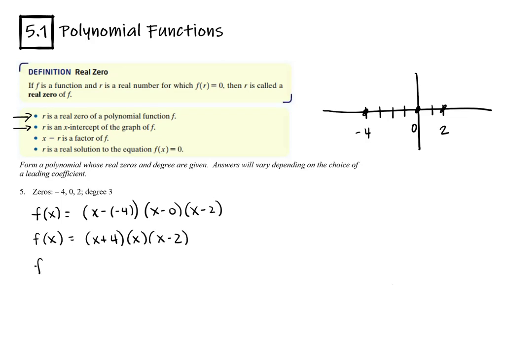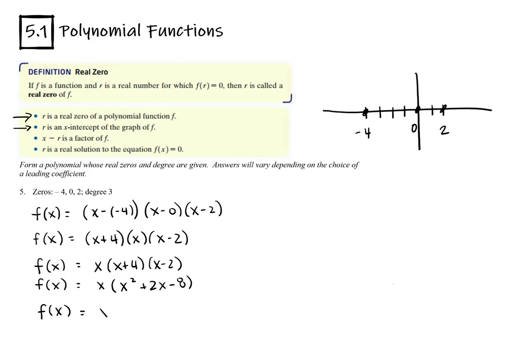And if I want to rearrange it a little bit, I'm going to get x times x plus 4, x minus 2, which is x squared plus 2x minus 8. And then we get x cubed plus 2x squared minus 8x.